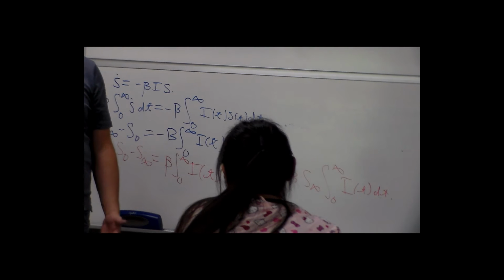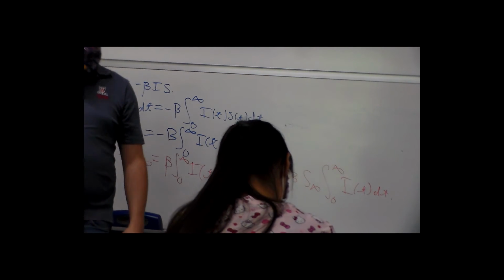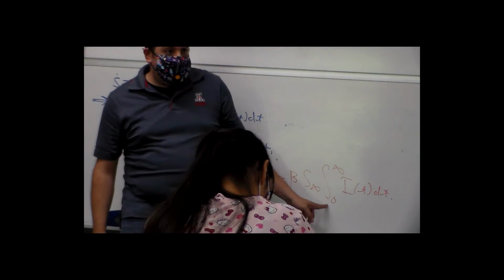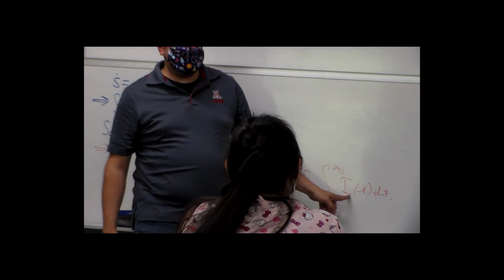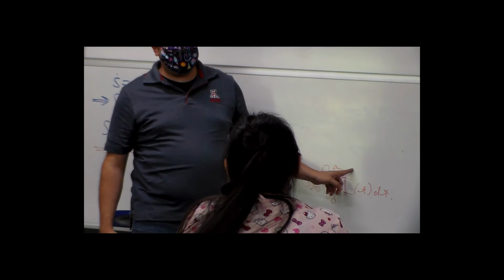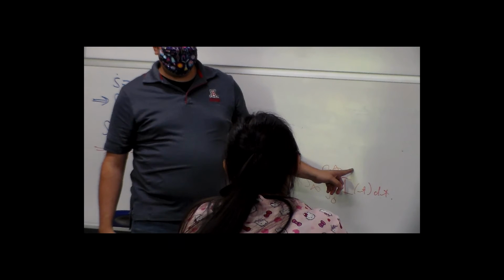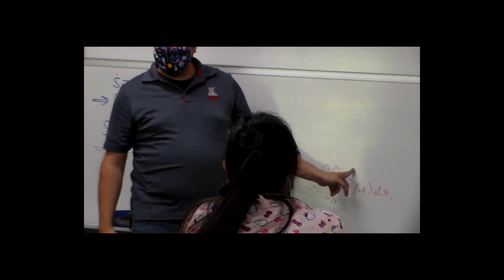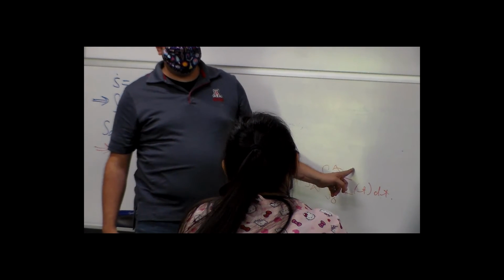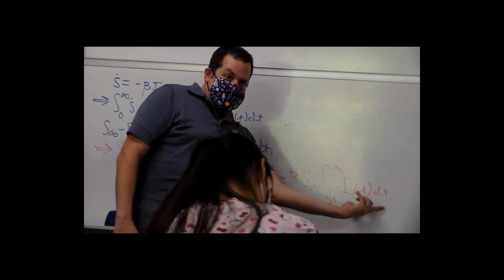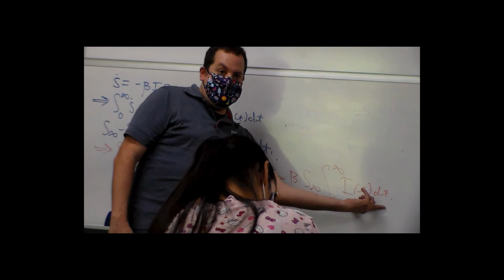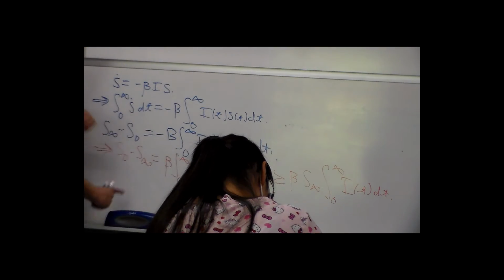Area. Good. It's the area under the curve. So this quantity is the area under the curve of I of t, going all the way from 0 to infinity. I is a positive function. It has to be a finite number because the left-hand side is finite.